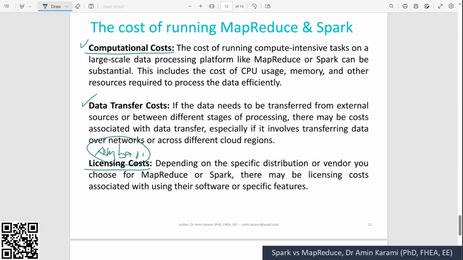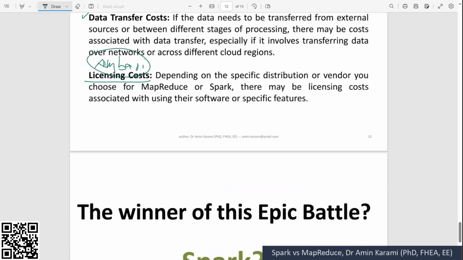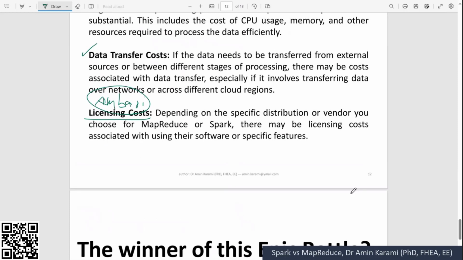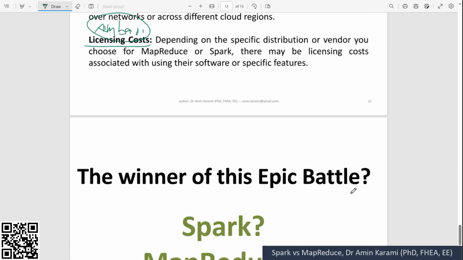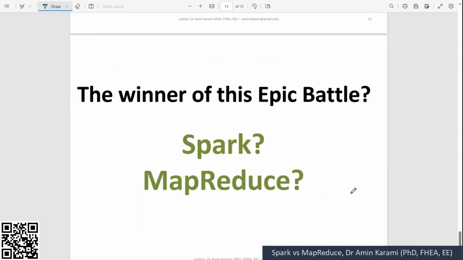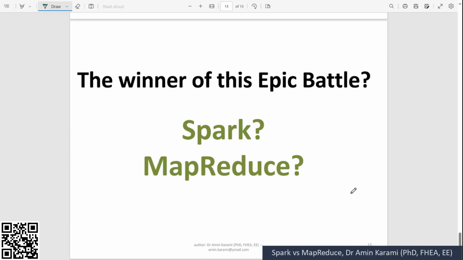Or maybe you want to cut corners and go directly with existing vendors, paying the membership and getting the license for either MapReduce or Spark. So these are the considerations we need to weigh to be able to decide how we can go ahead with the selection.